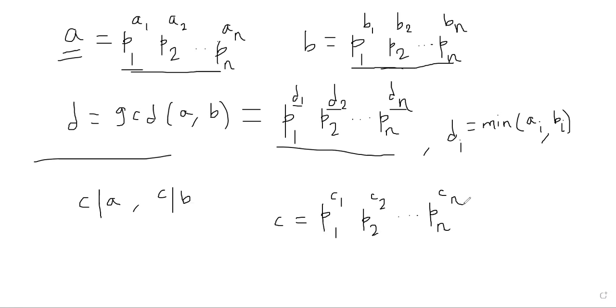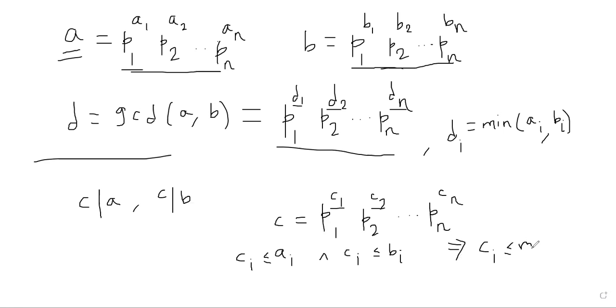What can we say about the C's though? All these C's, the Ci's in general, must be less than or equal to Ai, and Ci is also less than or equal to Bi. Otherwise we cannot claim that C divides A and C divides B. So if Ci is less than or equal to Ai and Ci is less than or equal to Bi, that means Ci will be less than or equal to the minimum of Ai and Bi.